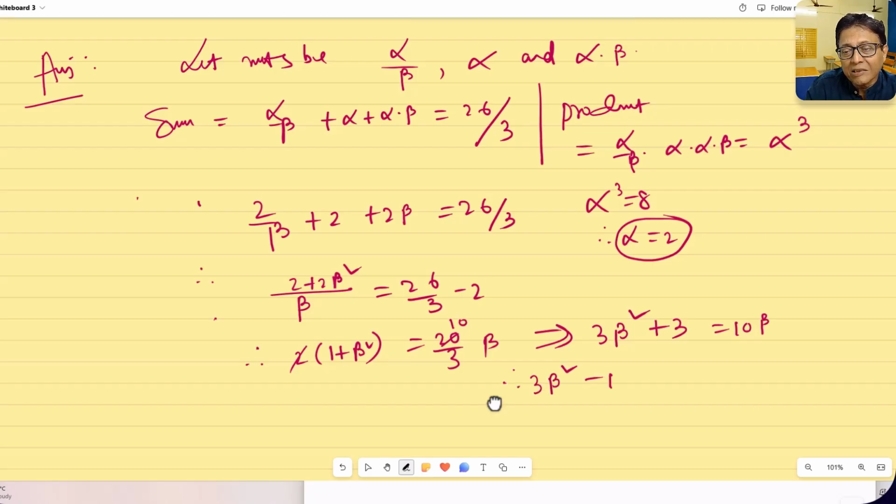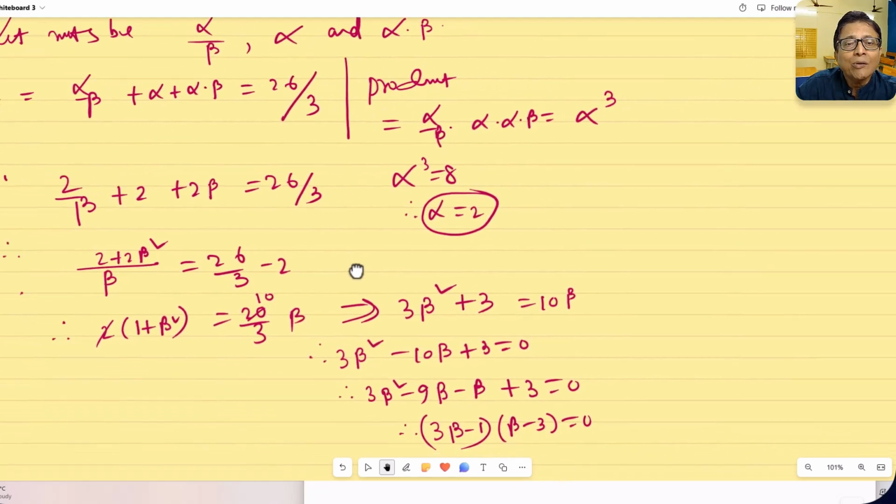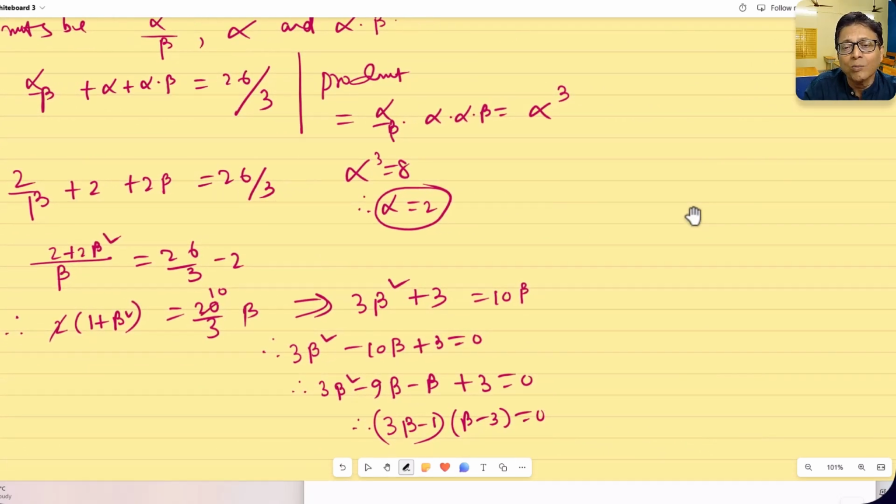So 3 beta square minus 10 beta plus 3 is 0, middle term break. 9 beta minus beta plus 3 is 0. This is 3 beta minus 1. So you got alpha's value fixed too, but beta is going to be, again, one is the reciprocal of the other.